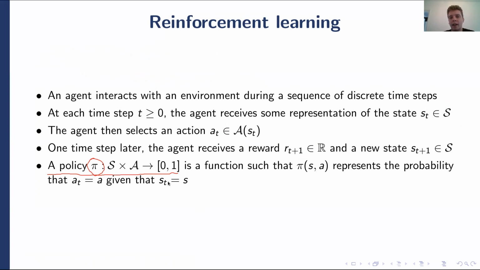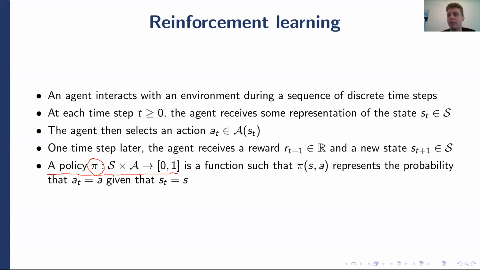A policy pi is a function such that pi of S, A represents the probability that the action at time step t will be A, given that the state at time t is S.